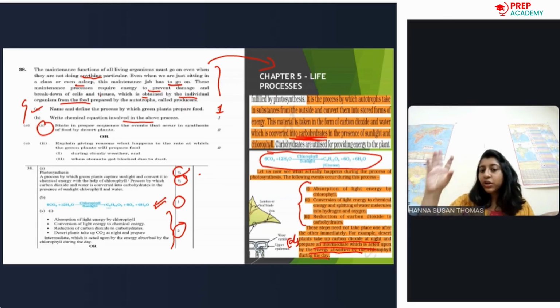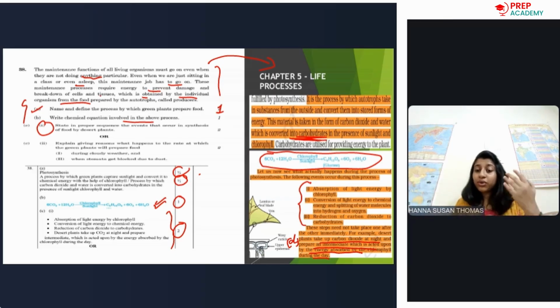Before that, we will look into which chapter the question has been taken from, and which portions inside that chapter you can see the answers to these particular questions, along with the official answer key. I hope you understand the importance of analyzing and evaluating previous year questions, so that you get a hold on revising properly.